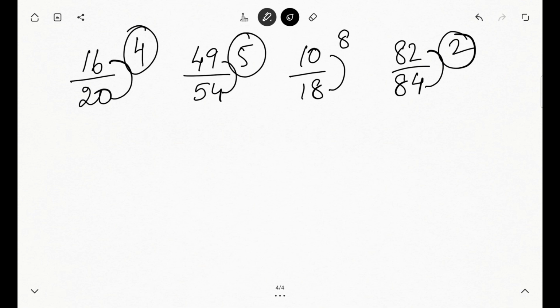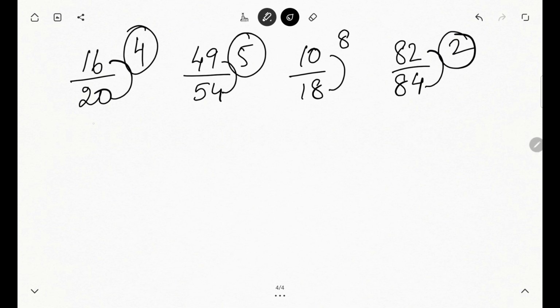So how do we proceed when the differences are not the same? What we do is divide each numerator by its respective difference.